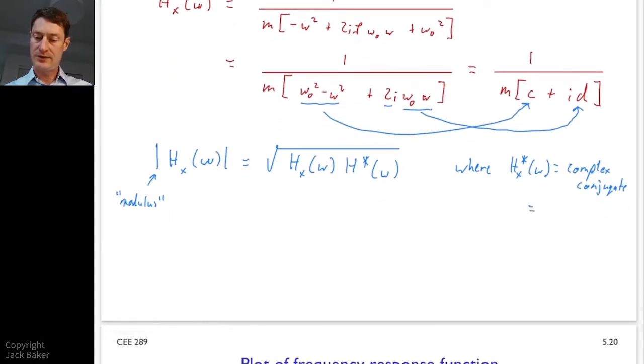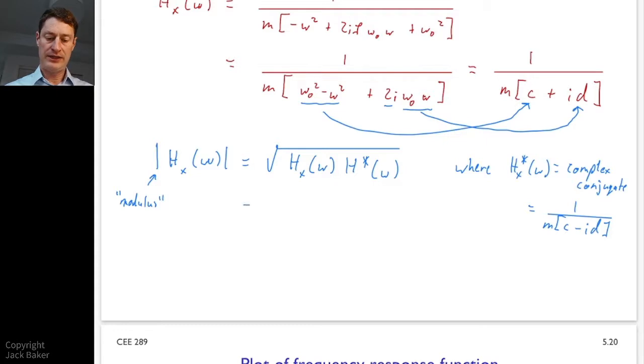Specifically, what we do with the complex conjugate is all the terms that were imaginary, all the i's, we make them a negative i. So it's going to equal 1 over m times c minus i times d. The c part gets unchanged, just the part with the imaginary number becomes negative.